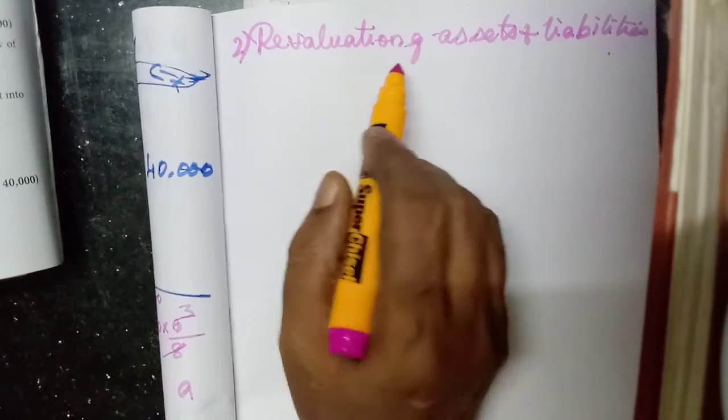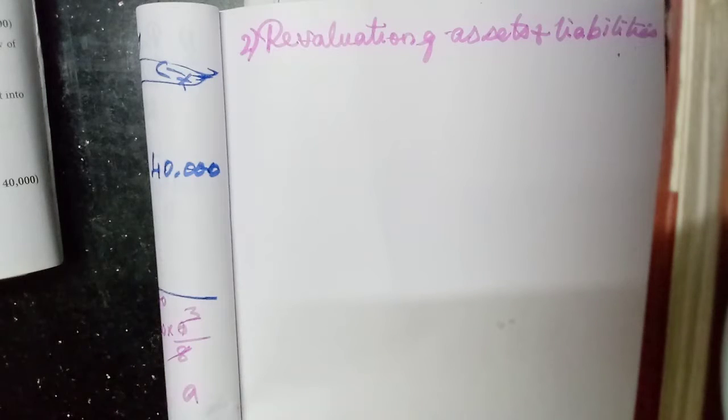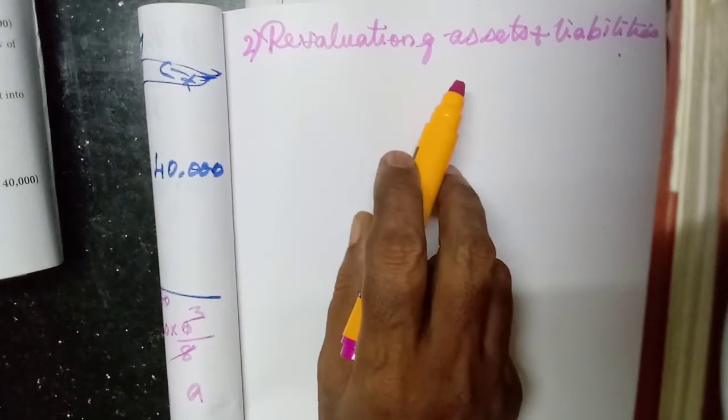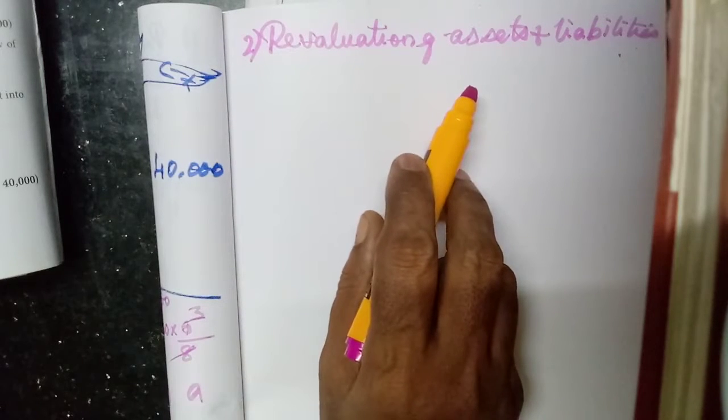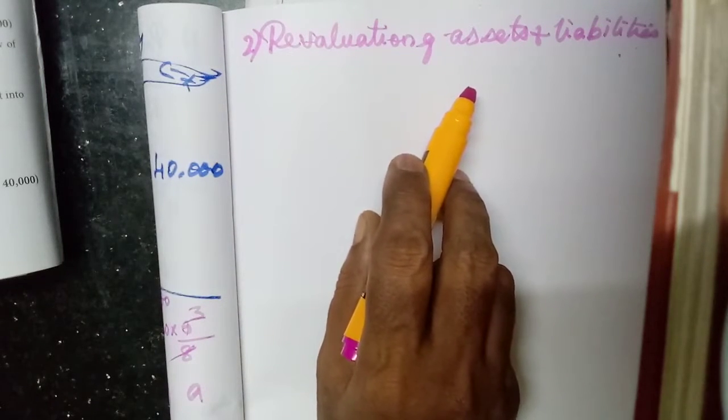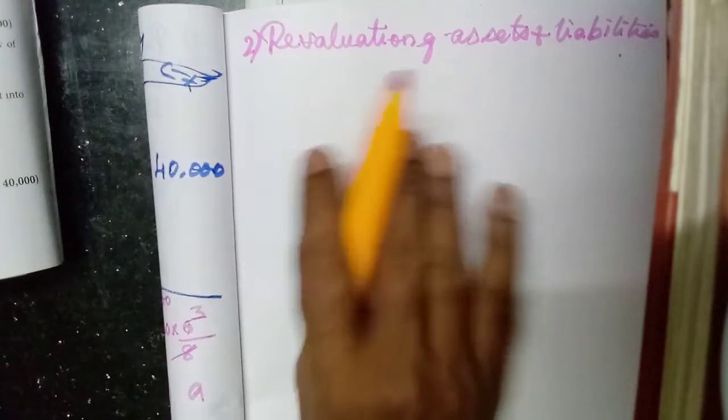The accumulated profit should be distributed to the partners in the old profit sharing ratio, isn't it? Any increase in asset is the work of the old partners, so it should be distributed.